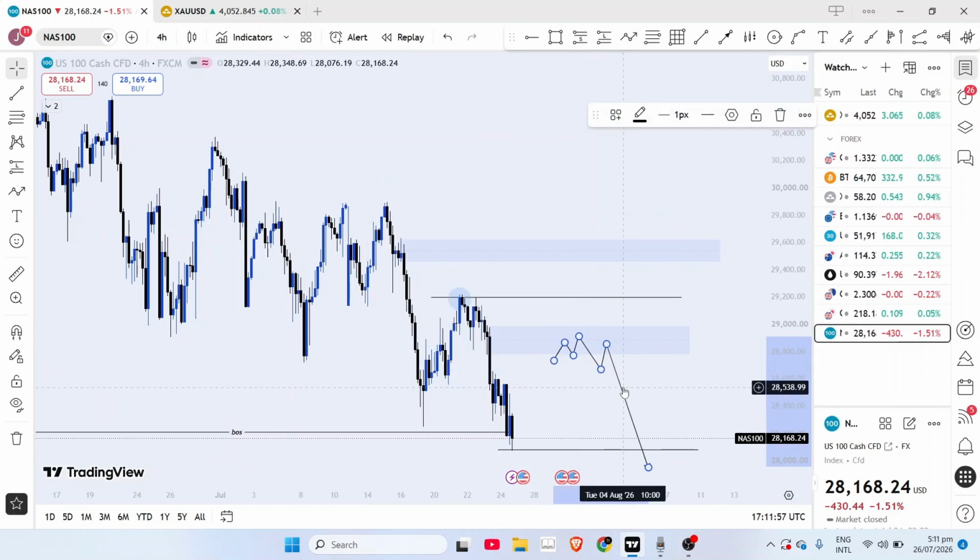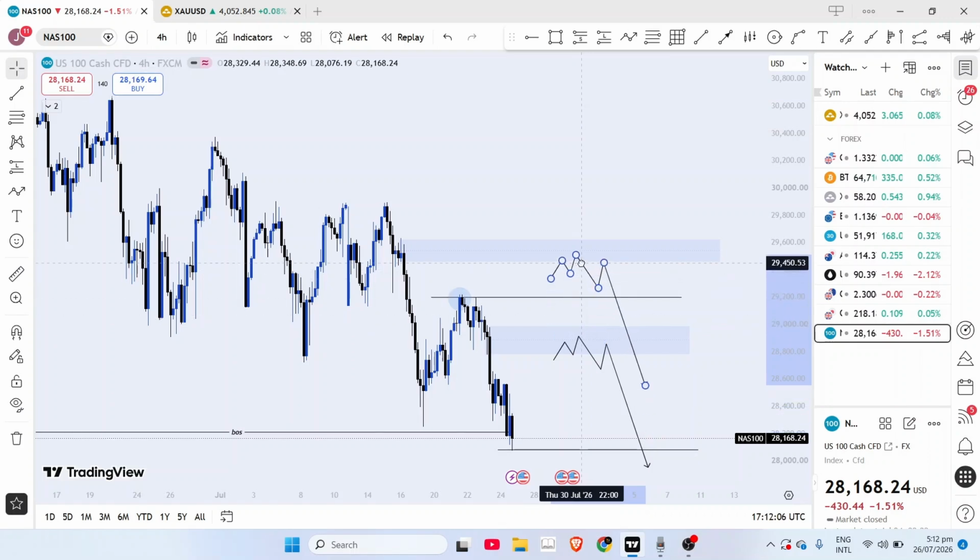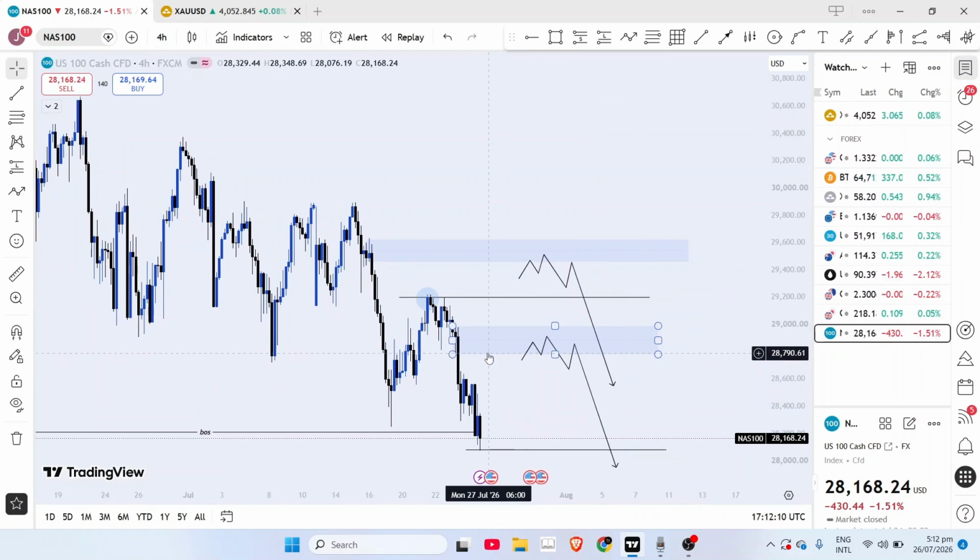And if maybe possibly price violates this straight away, I can also expect that price, I'll be looking for the same confirmation from up here. So this is what I'm looking at on NAS100.